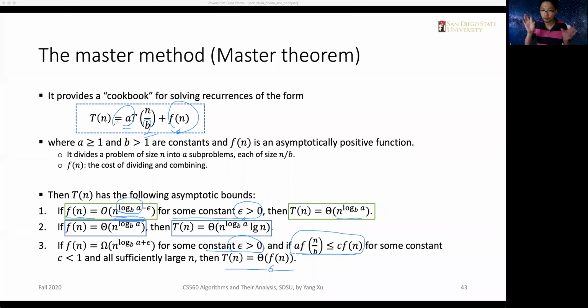Whichever is larger or has a higher order among these 2 will determine the form of the final solution. But now we are going to look at the technical details, why we need such epsilon conditions here.